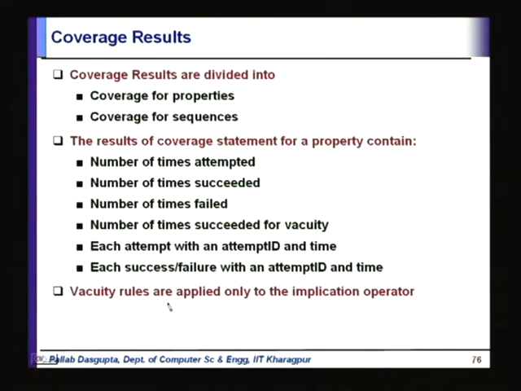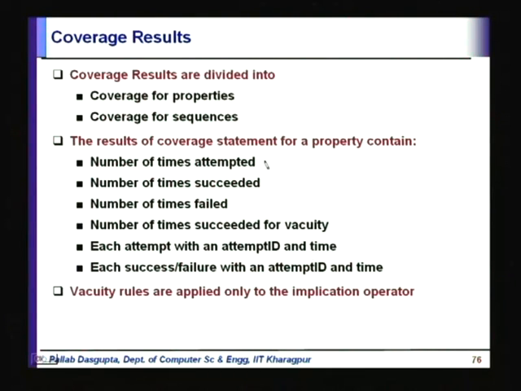Now, coverage results are divided into 2 things. One is coverage for properties and coverage for sequences, and these are the results that must be displayed by any SystemVerilog compliant simulator.